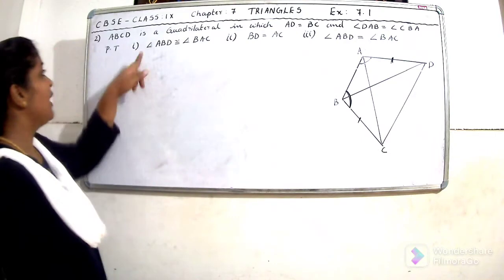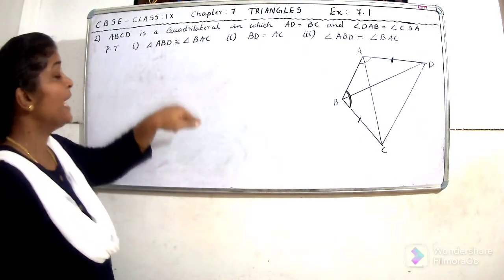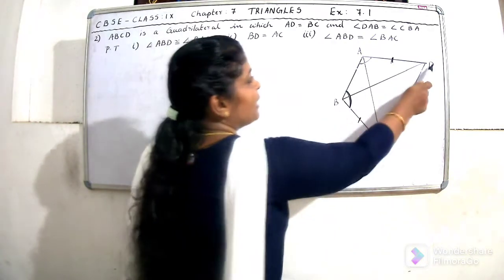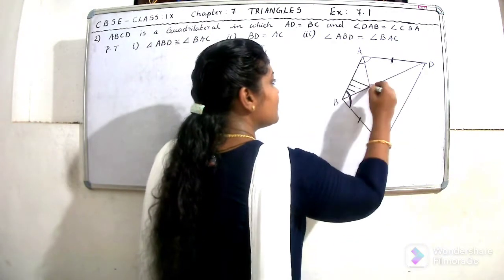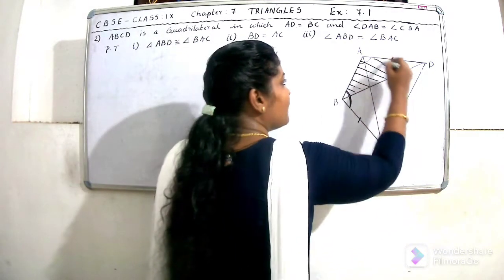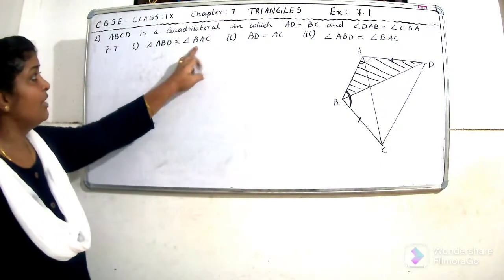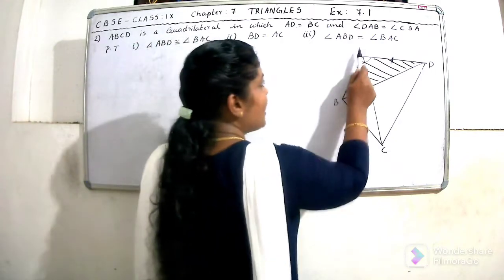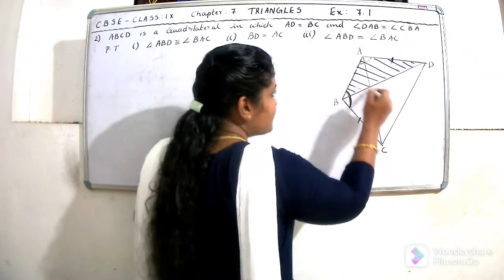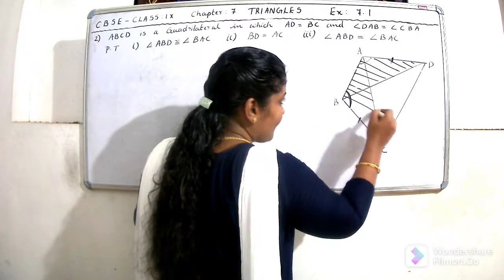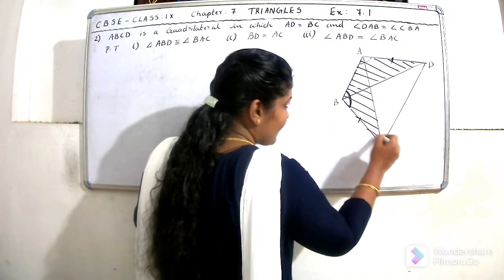Now what we have to prove? We have to prove triangle ABD, where is triangle ABD? ABD, that means this triangle, and triangle BAC, that means this triangle.